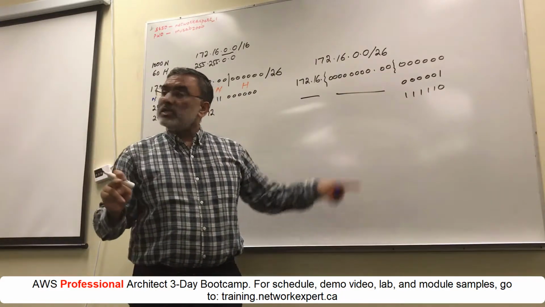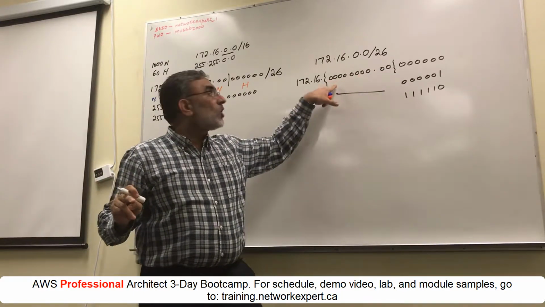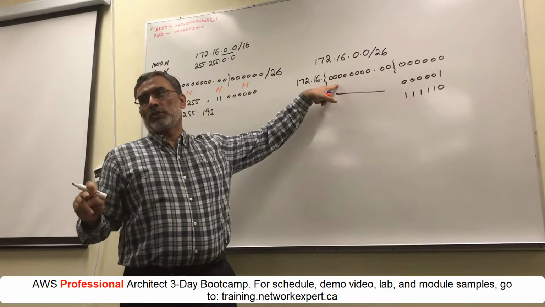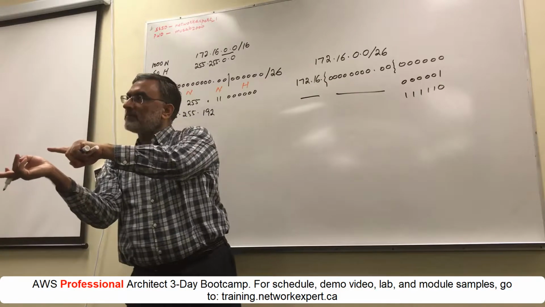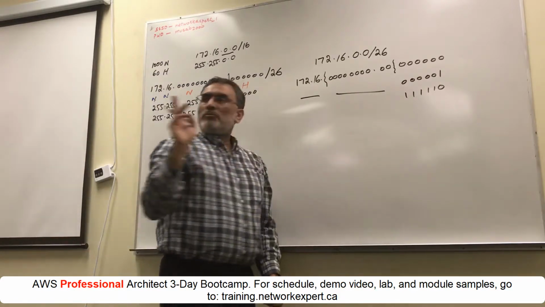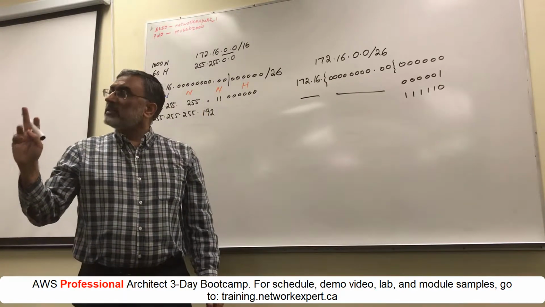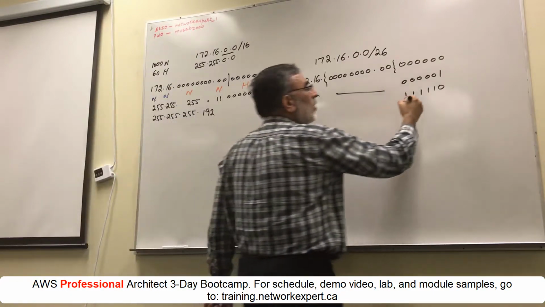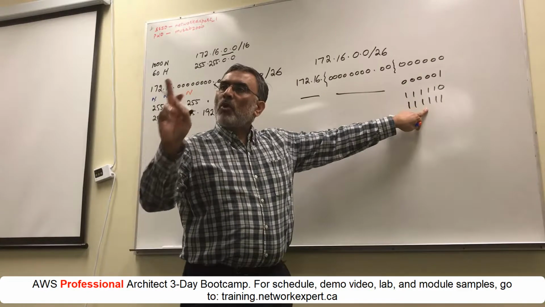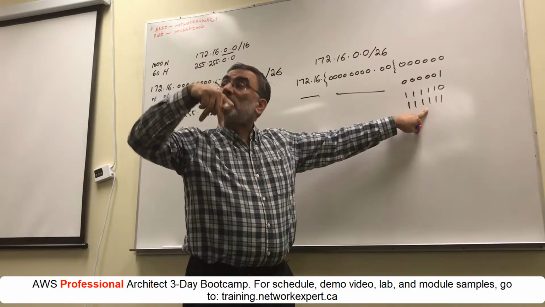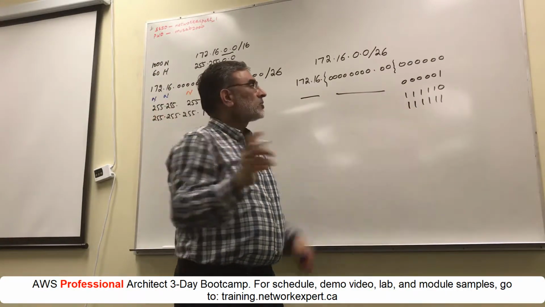Now when I'm making the calculations under this subnet, I'm not going to make any change in the network portion, because if I make any change there, I will jump into the next subnet. And the rule for the broadcast address is that you put all ones in the host portion, and that gives you the broadcast address for that particular subnet.